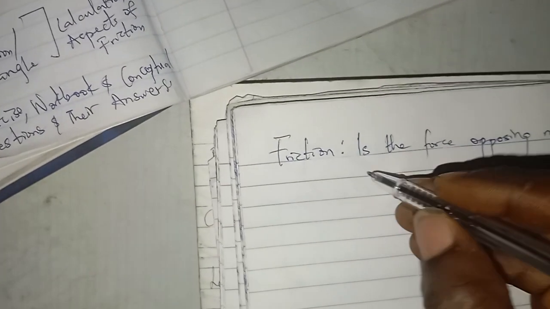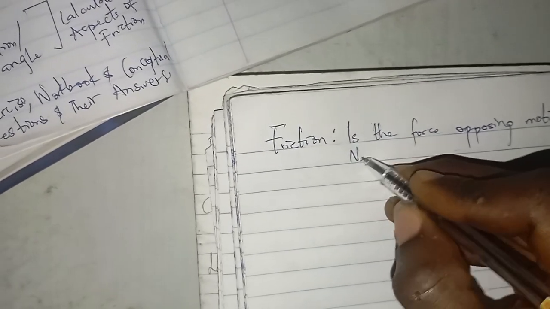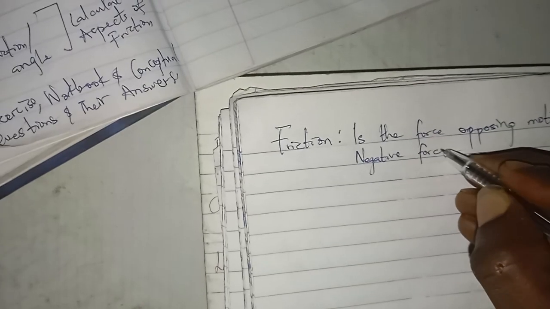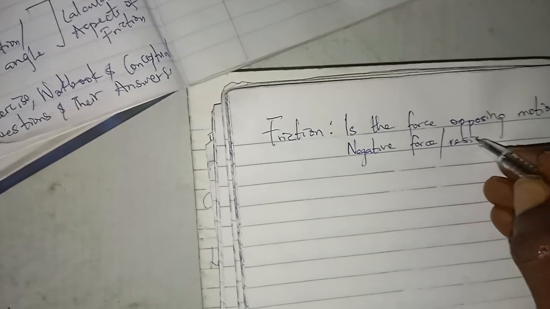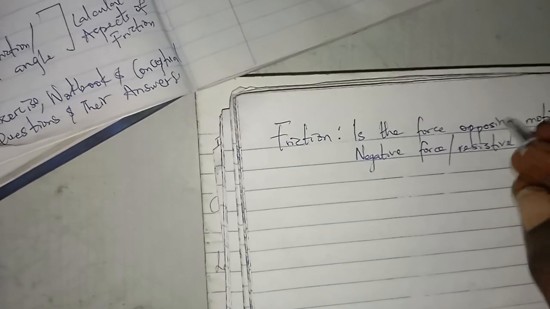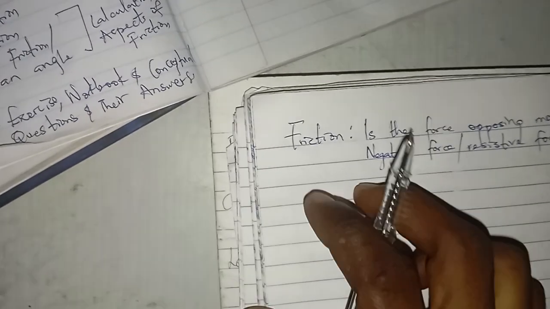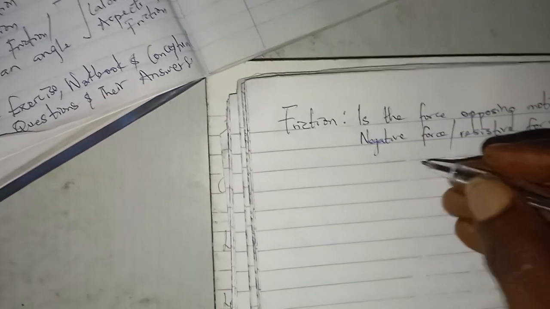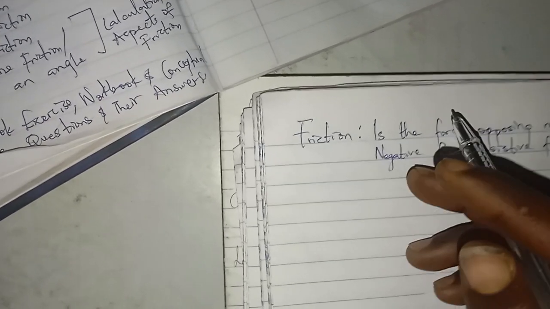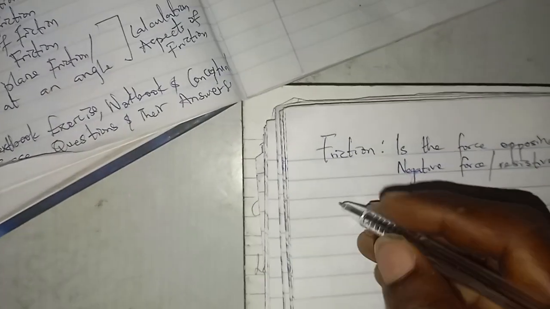Another way to look at friction is that it is negative force, or you say it is resistance or resistive force. So it moves in opposite direction. It always moves in opposite direction to where the forward force is going. So if you know this, let's move to the second part, types of friction.